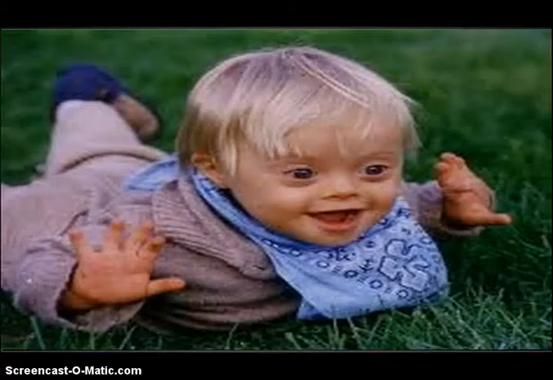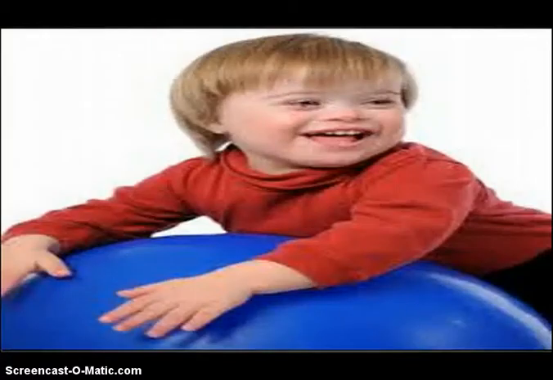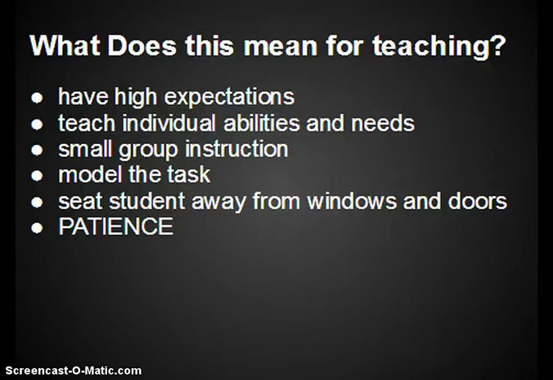This results in cognitive impairments, also known as mental retardation, physical impairments, and certain facial characteristics, as you can see in these pictures. 1 out of every 691 babies is born with Down syndrome, and when it comes to what causes it, most of the time it's simply a mistake in the cell division, and it's not something that's usually inherited. What does this mean for teaching?